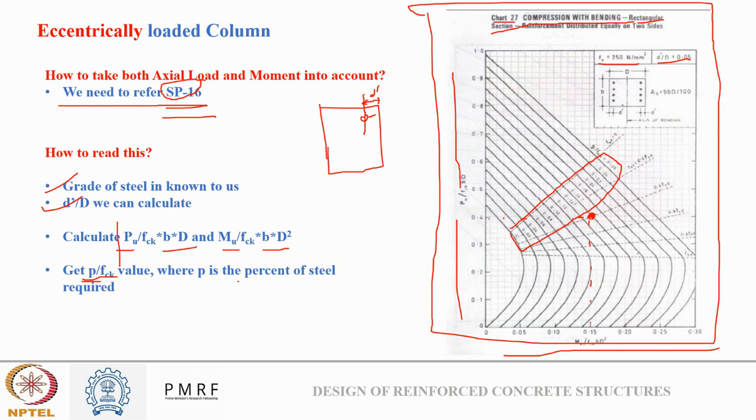If I provide this much percentage of main reinforcement, it will take care of both the axial load and the moment load. So this is how simply we can use the charts in the SP16 guideline to design eccentrically loaded columns. Okay, I hope this part, how to read the curve, is clear to everyone.